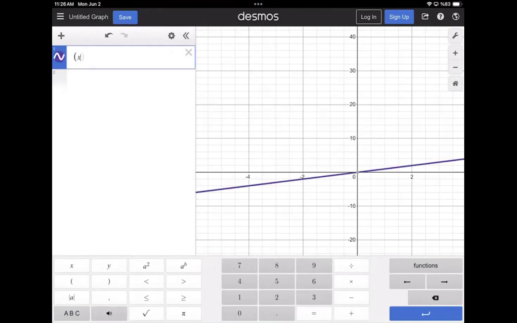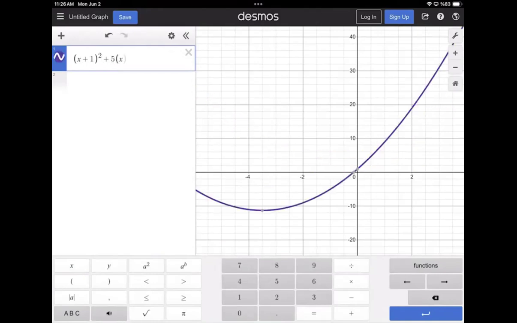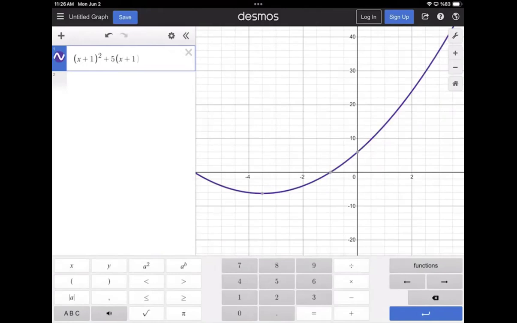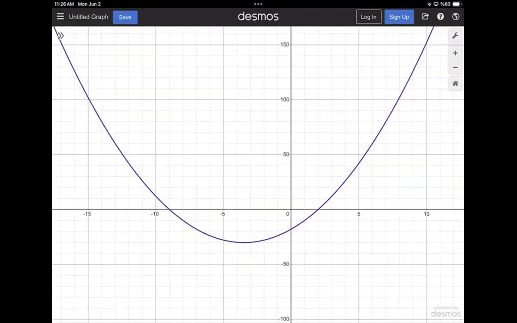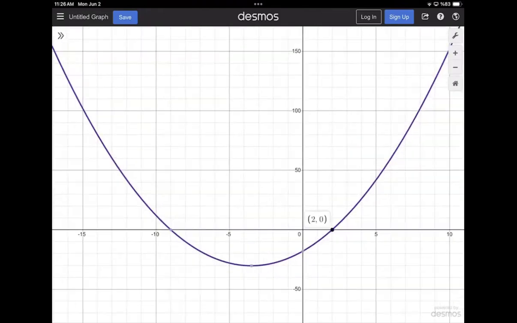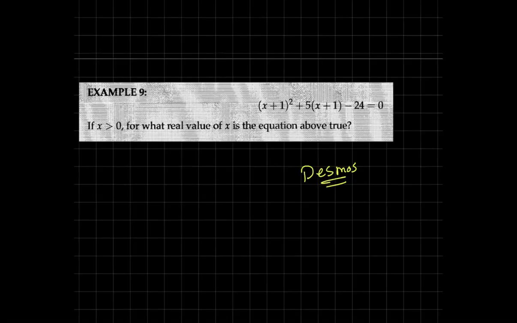It's going to be (x plus 1) all squared plus 5 times (x plus 1) minus 24. And zoom out to find the x-intercepts. You will find here 2 x-intercepts, which are 2 and negative 9. So the correct answer here is going to be 2 or negative 9.